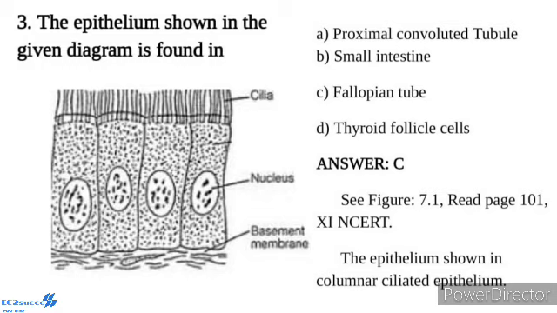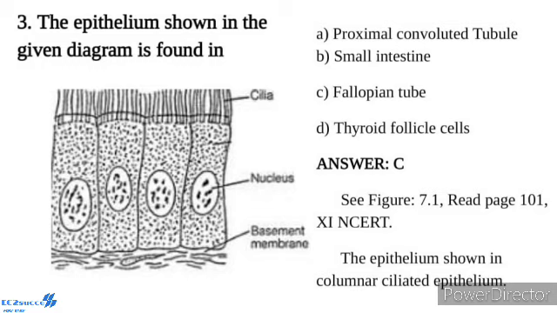The cilia of the epithelial cells remain in rhythmic motion and create a current to transport the material which comes in contact with them. The ciliated epithelium, that may be columnar ciliated epithelium, consists of columnar cells which bear cilia on the free surface.